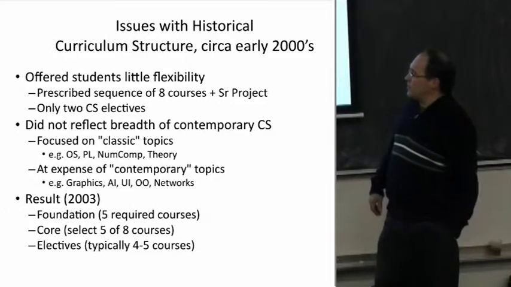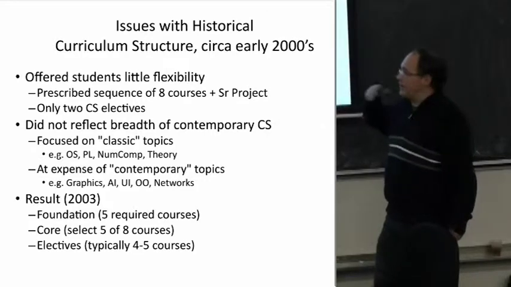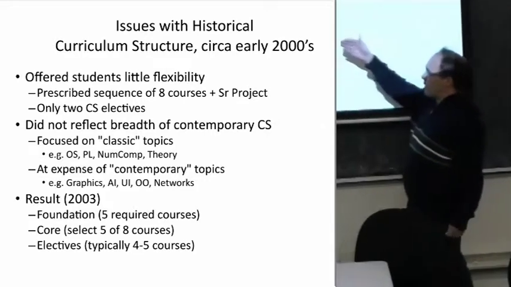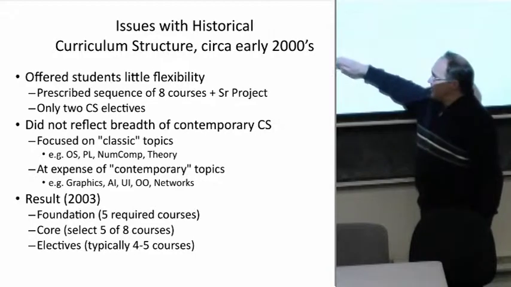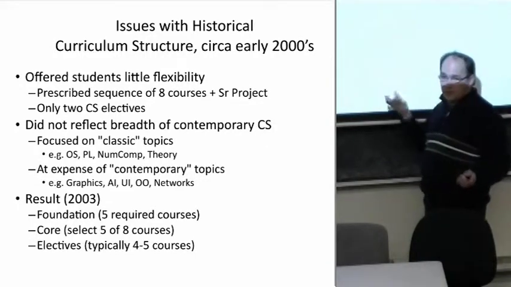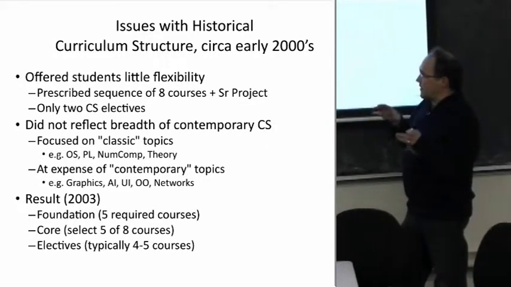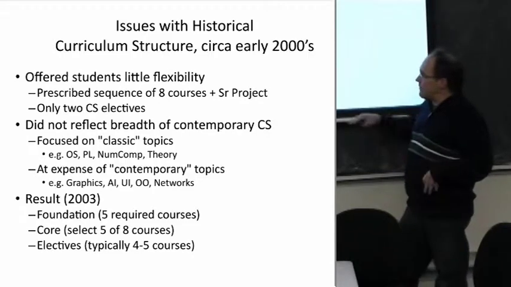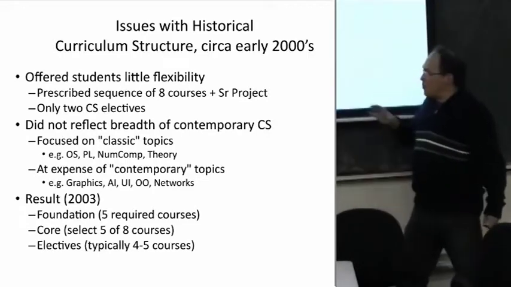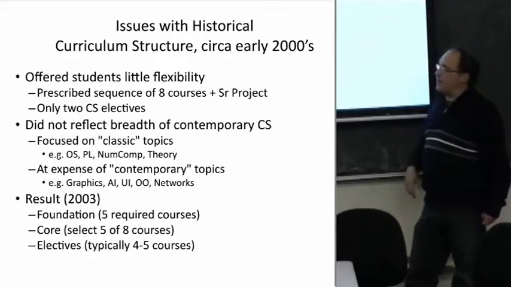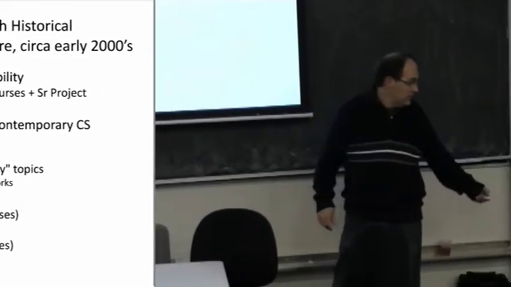And they came up with a redesign of the curriculum in which there was a set of required courses that everyone had to take, and then 8 courses that you had to choose from among so that you could customize 5 courses for yourself, and then there was more room for electives in that formulation.